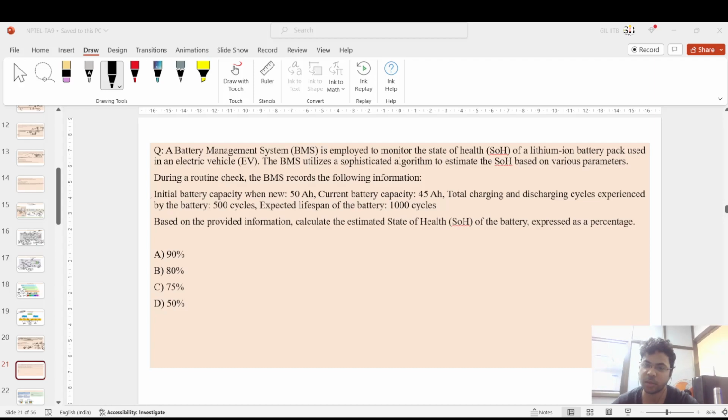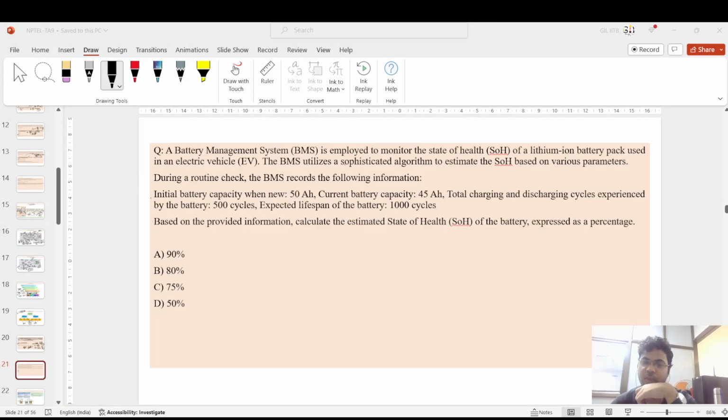So there are two different points of view of battery storage: one in the EV application, second for the grid support application. For the battery energy storage system in grid applications, it is the calendar life that will deteriorate.